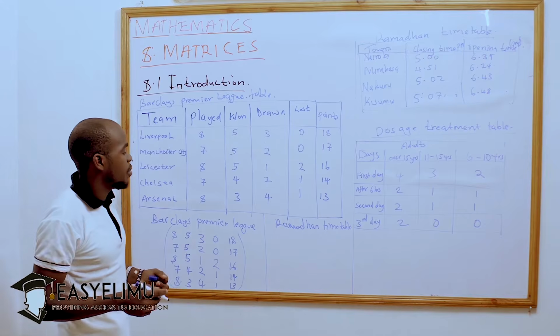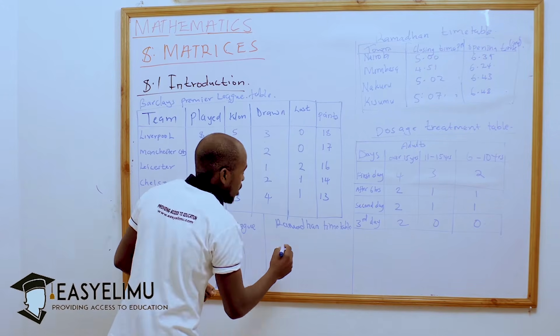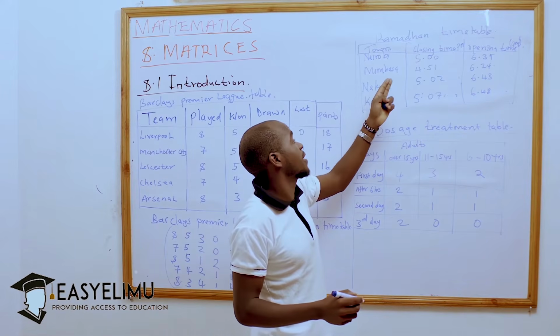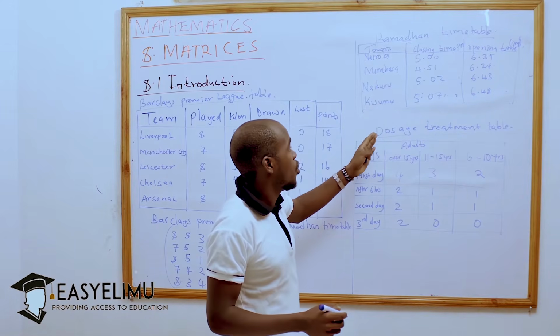We can still represent that in terms of a table, because we know it starts with Nairobi, Mombasa, Nakuru, then Kisumu.